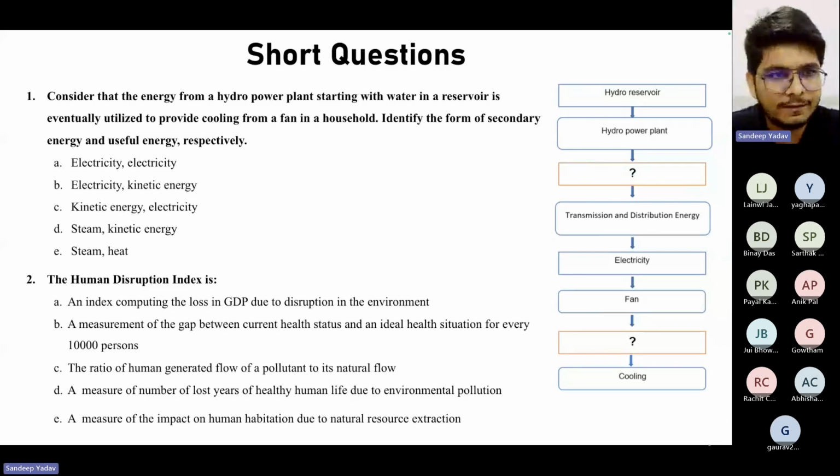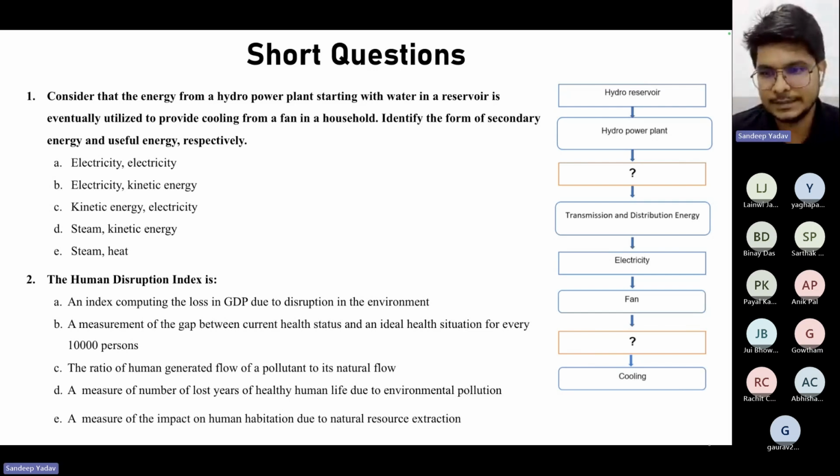Going from the first question: consider that the energy from a hydro power plant, starting with water in a reservoir, is eventually utilized to provide cooling from a fan in a household. Identify the form of secondary energy and the useful energy respectively. This question is about a hydro power plant.